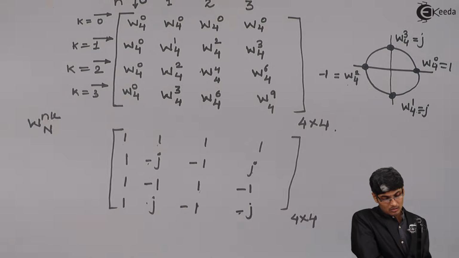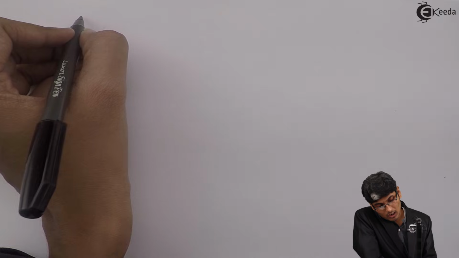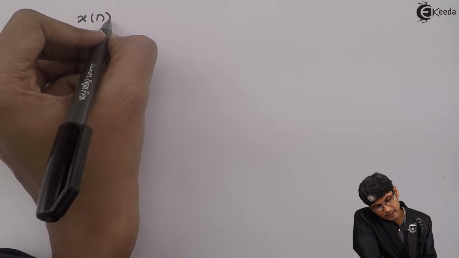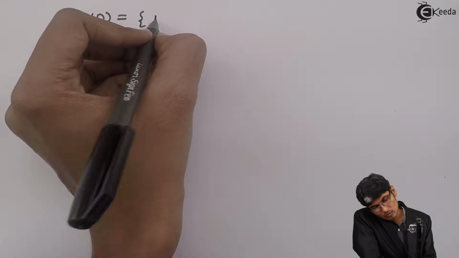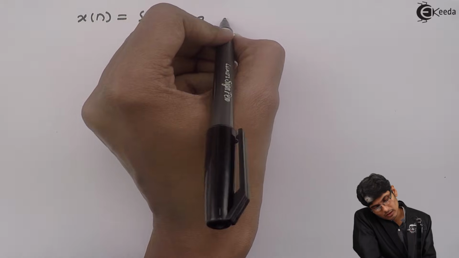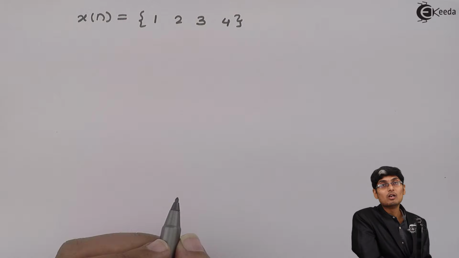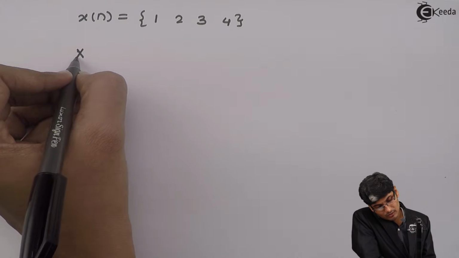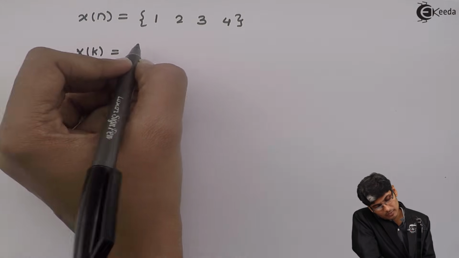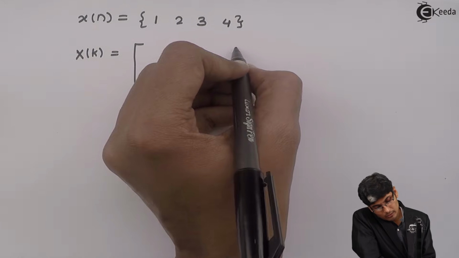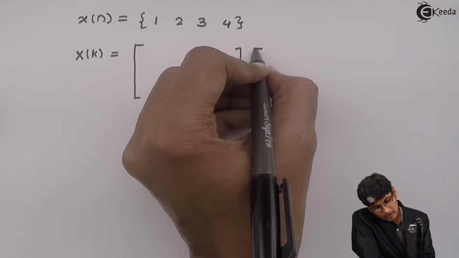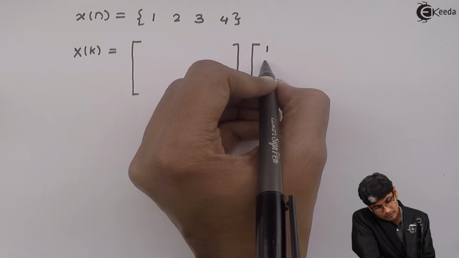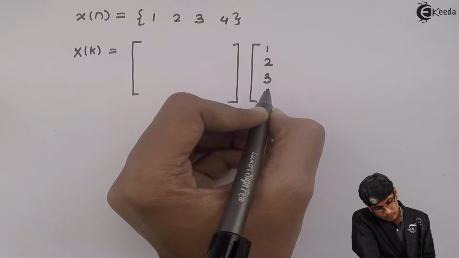Now, just for an example, because I asked that let us solve a problem, let us take x of n as 1, 2, 3, 4. Then my x of k will be equal to the twiddle matrix times my x of n, which is 1, 2, 3, 4.